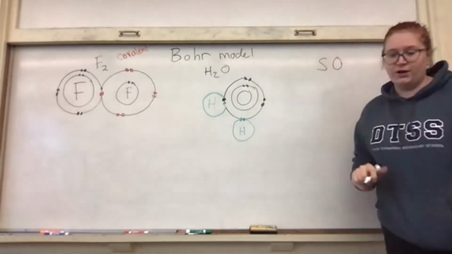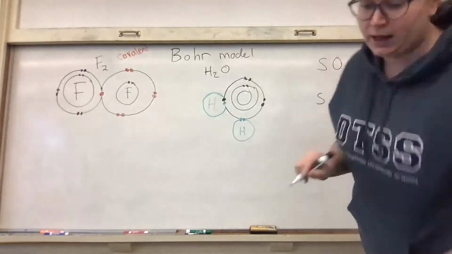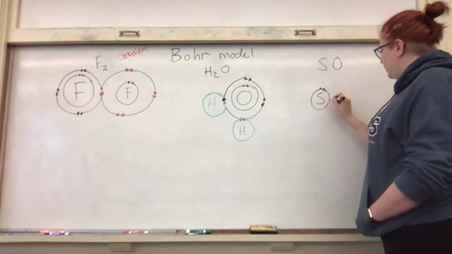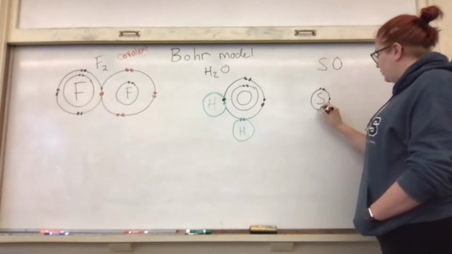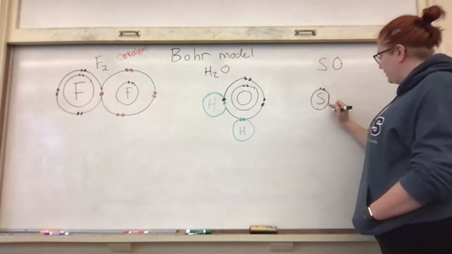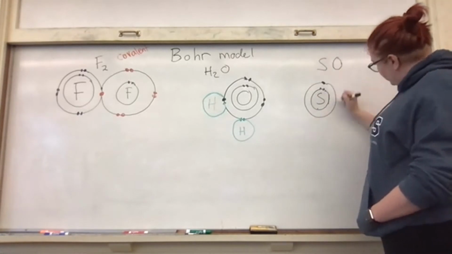Okay, so sulfur and oxygen. Here's sulfur. It has 16 electrons. 1, 2, 3, 4. Oops, sorry. The first shell only has 2. I got ahead of myself. 1, 2, 3, 4.